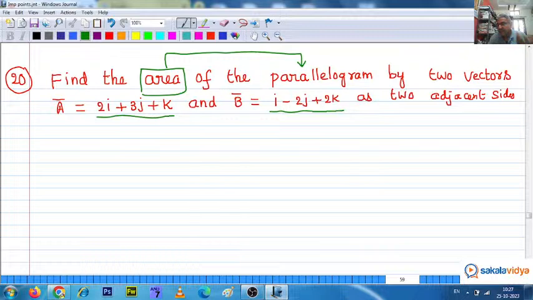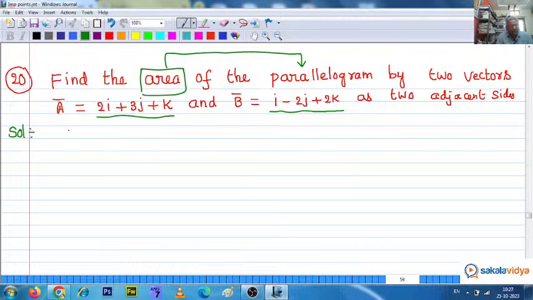If you multiply it by half, you will get the area of the triangle. That is the difference between the area of the triangle and the area of the parallelogram. So when two sides of a triangle or two adjacent sides of a parallelogram are given, we need to find it in a similar fashion.